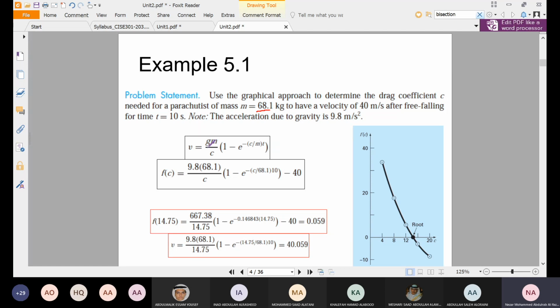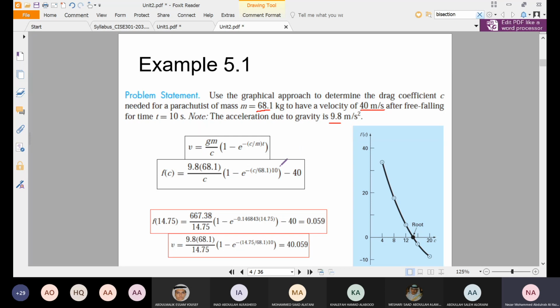The gravity is equal to 9.8 meters per second squared, and here is c, and the time is 10 seconds. And we want to find the value of c such that the velocity becomes 40 meters per second.